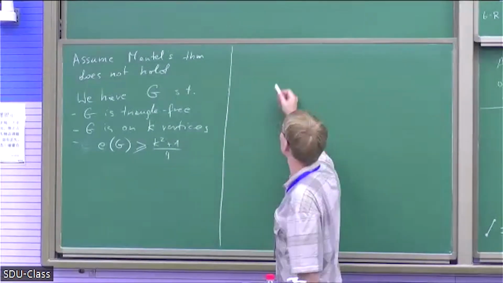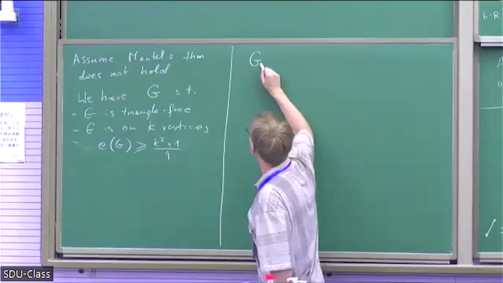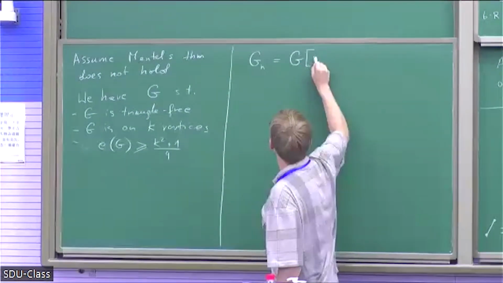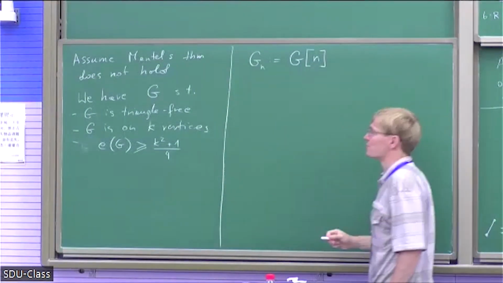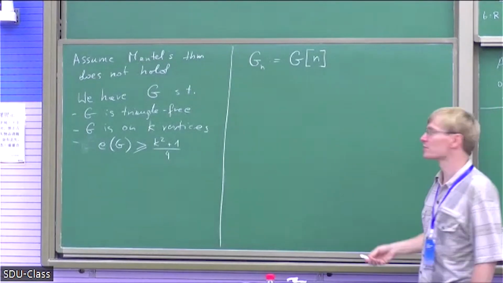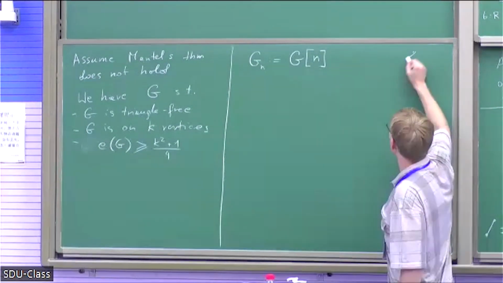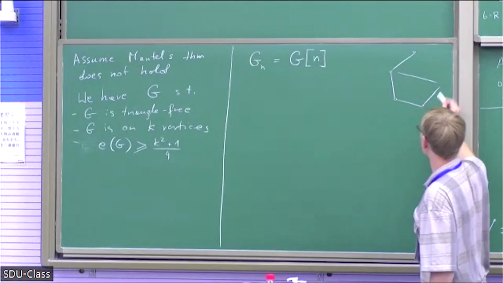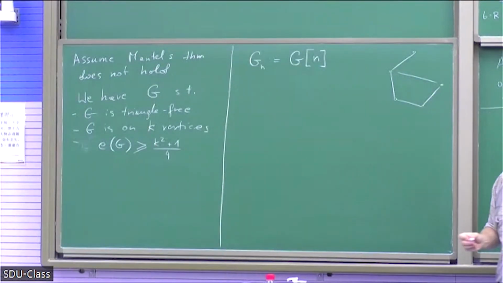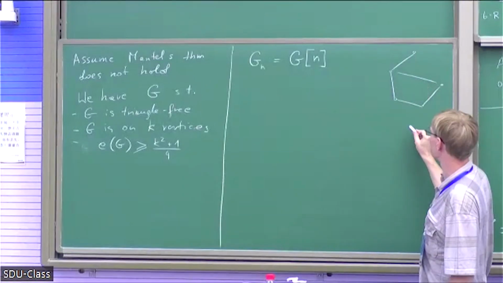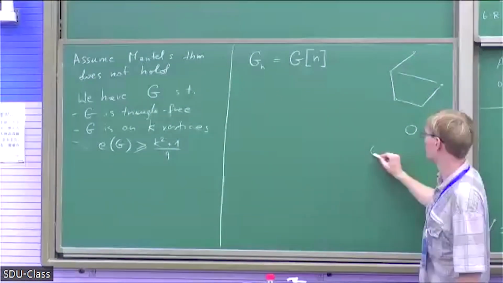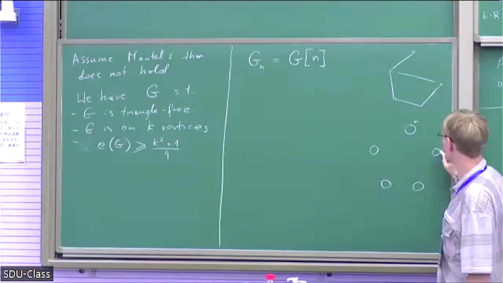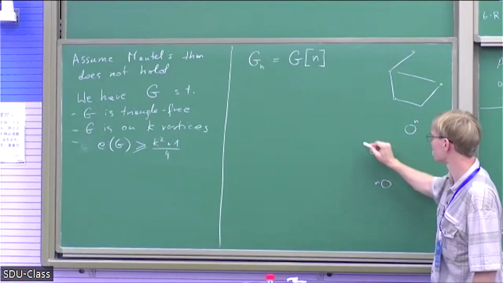Okay, so what I do, I consider my sequence of graphs, which are blow-ups of G. How does a blow-up work? Imagine that you have this graph G somewhere here. And now, instead of every vertex, I put a blob. Each blob will contain n vertices.